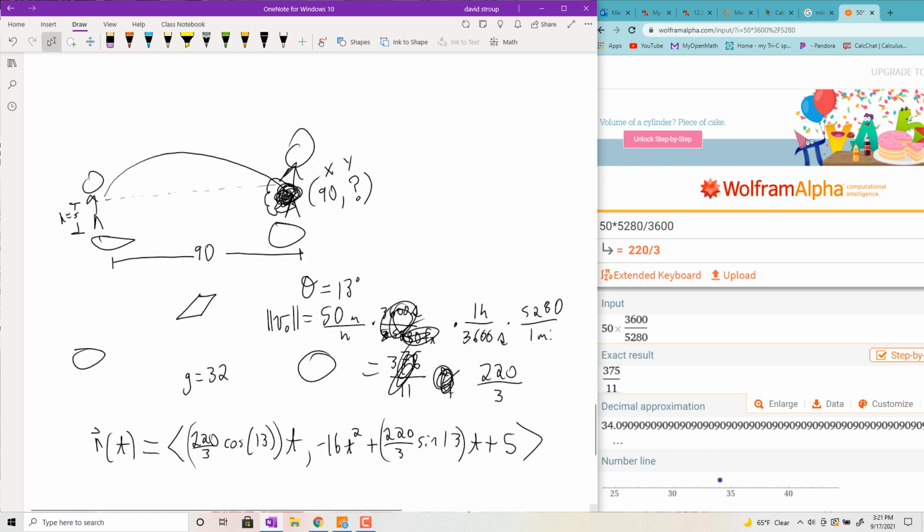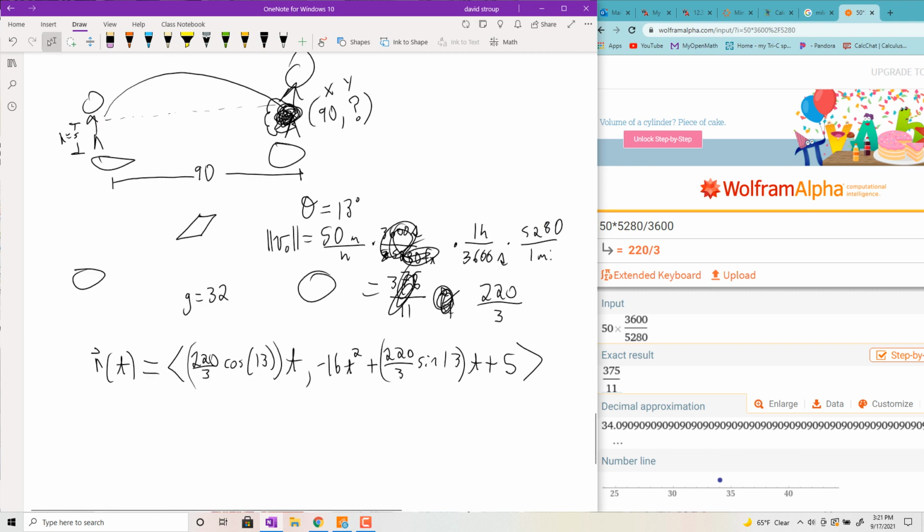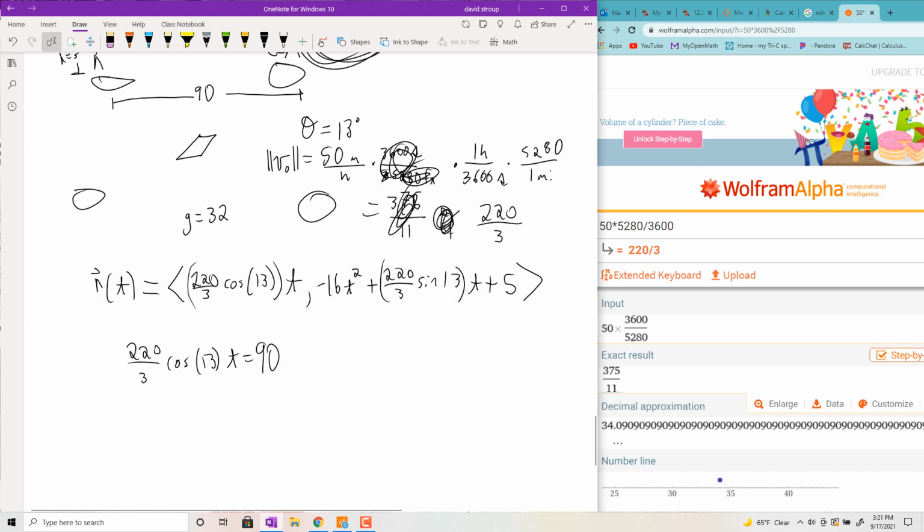Okay, so what I'm looking for is basically the y coordinate of this ordered pair. So if you let the x component equal 90, in other words, 220 all over 3 cosine of 13 t equals 90, you could solve for t, the time at which that happens, and then just plop that into the y component formula.